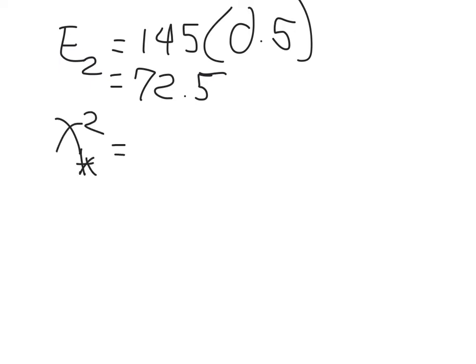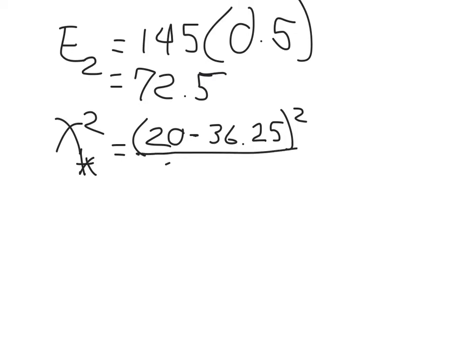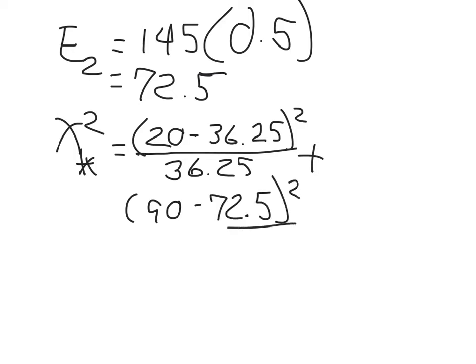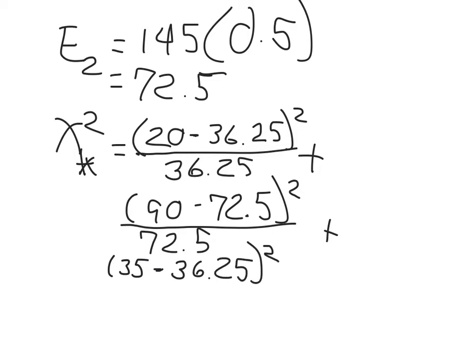So my chi-square star, my observed in the first category is 20, minus expected of 36.25, the quantity squared over 36.25, plus, I'm breaking this up into pieces, 90 minus 72.5 squared over 72.5, plus 35 minus 36.25, the quantity squared over 36.25. Okay, see where I'm getting the pieces from?